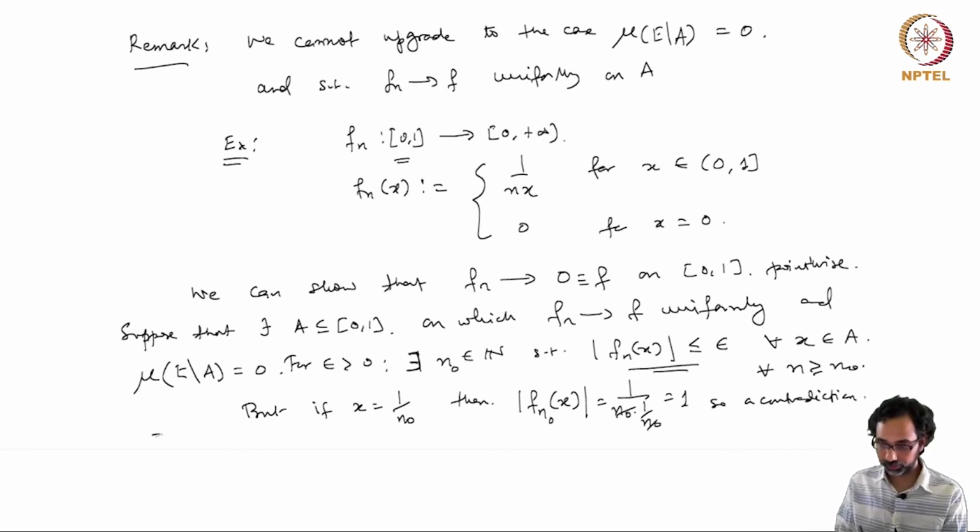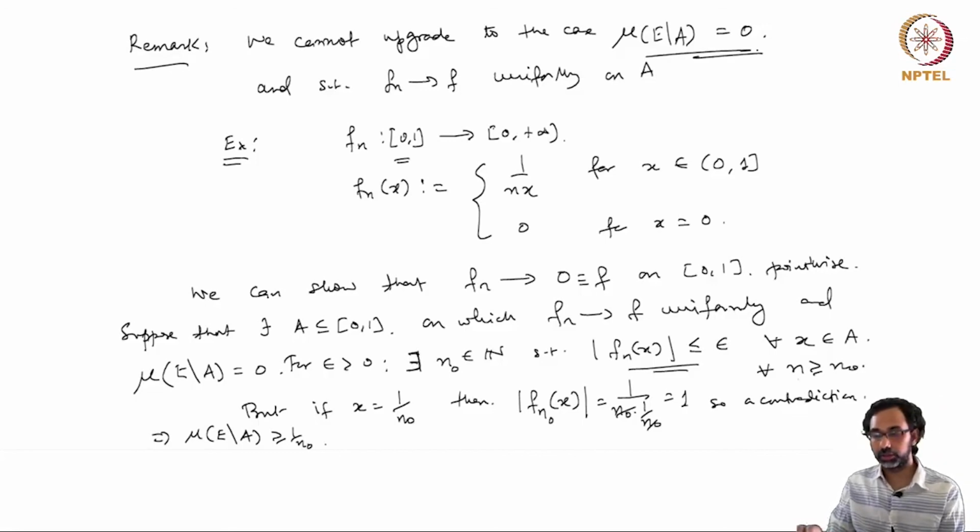Therefore, the measure of the set E minus the set on which there is uniform convergence is greater than or equal to 1 over n naught. Therefore, we cannot hope to have the exceptional set be of measure 0, outside of which there is uniform convergence.